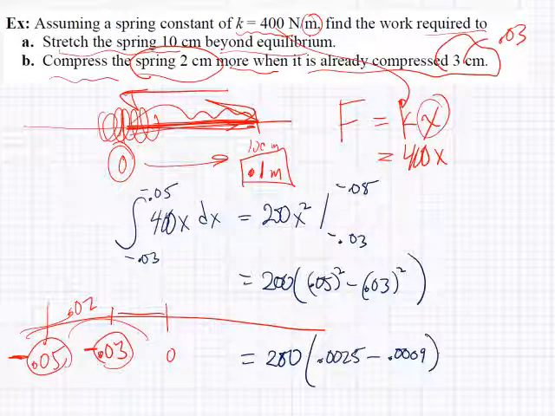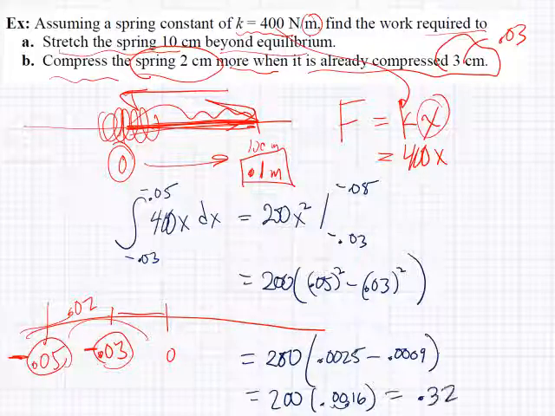So we would get 200 times, what will we get if we subtract those? We would get 0.0016. And then 200 times that, so we would be 2 times 0.16, so that would be 0.32.